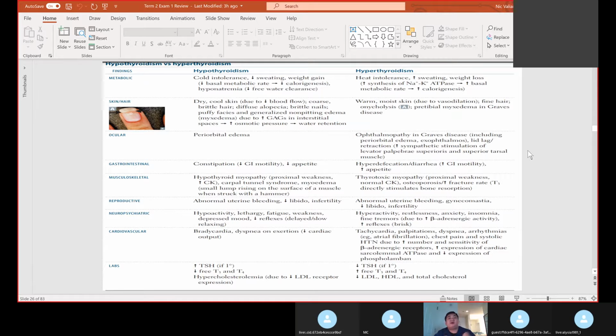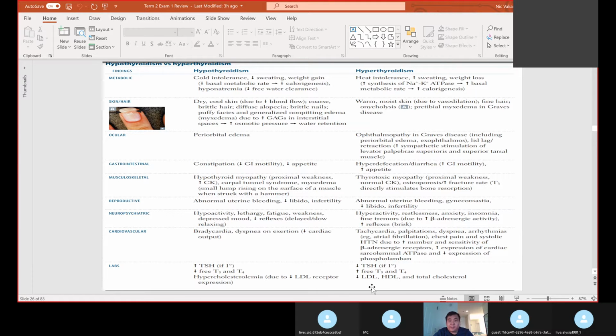They keep on absorbing water. They're fluffy, right? So that's what causes exophthalmos, the deposition of glycosaminoglycans, your GAGs. You can also have lid lag and retraction via increased sympathetic stimulation of your levator palpebrae muscles. Hyperdefecation, diarrhea, myopathy, all of those good stuff.